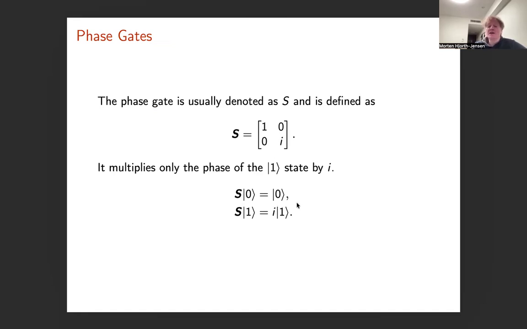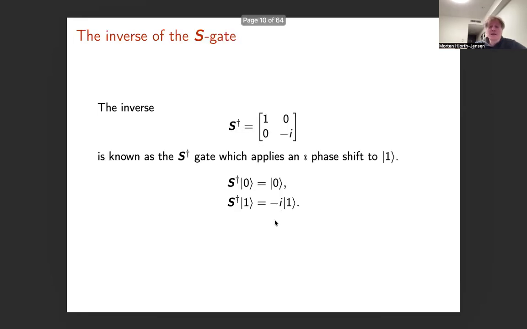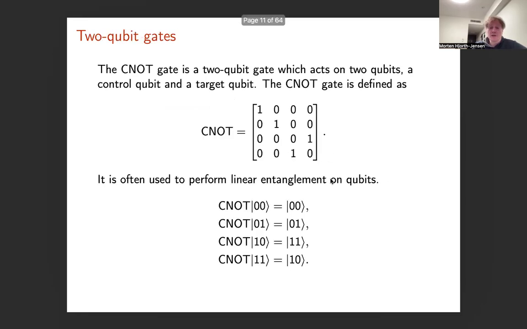And this has also these states as eigenstates, except that the eigenvalue is in one case 1 and in the other i. Secondly, it has an inverse, the Hermitian conjugate of the gate, which applies a phase shift of -i to the state 1, whereas it leaves the state 0 unchanged.